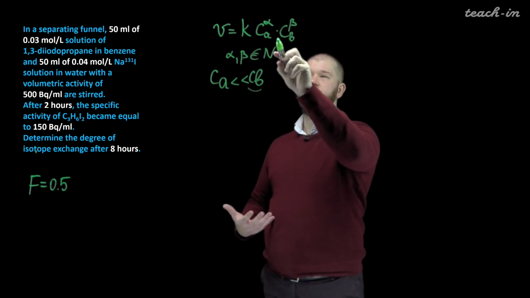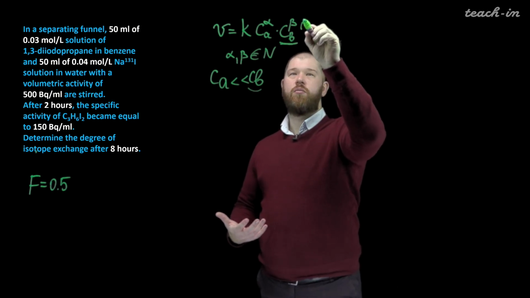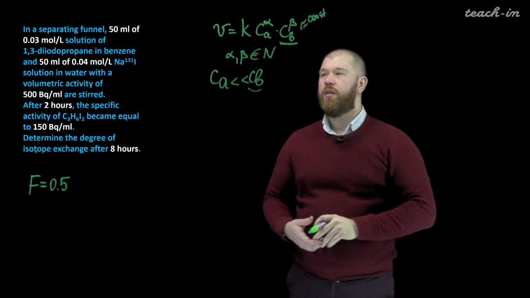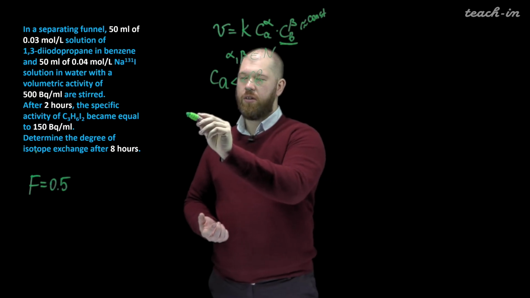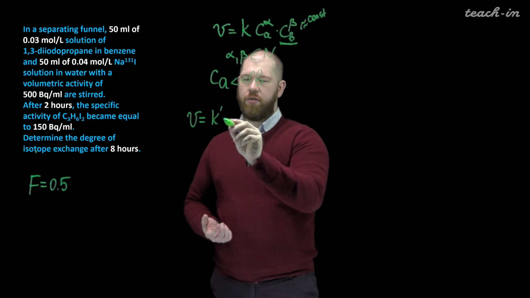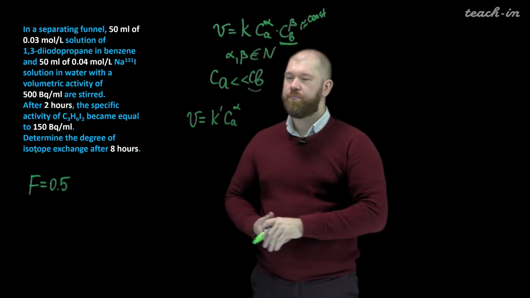So this value will be more or less constant during time, and thus we can neglect it. Taking this into account, we can write it with only the concentration of A in the degree alpha.